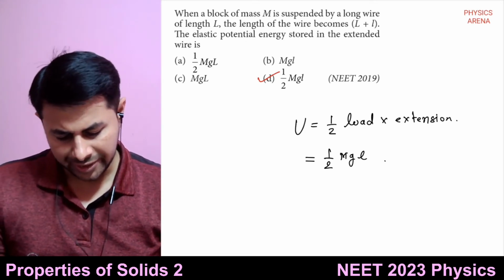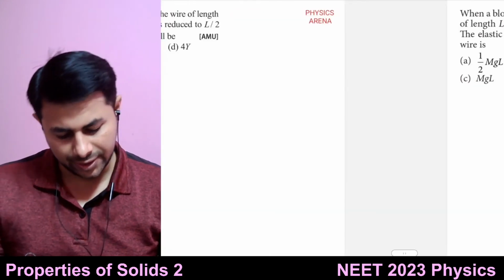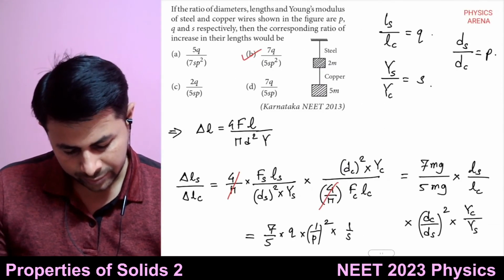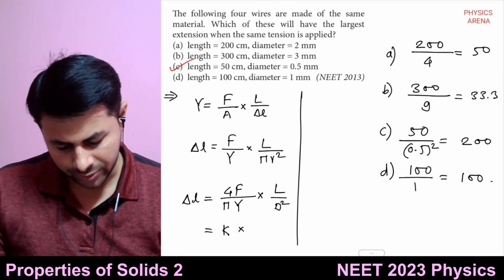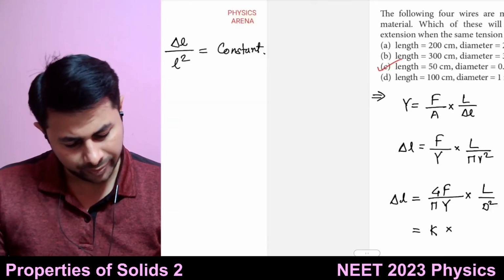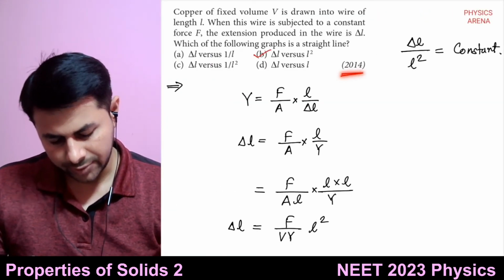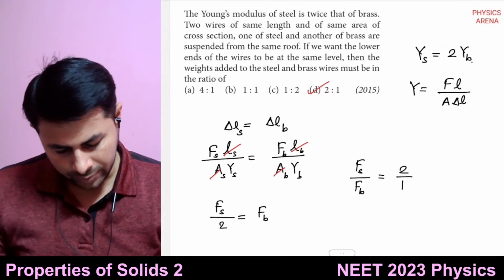If we see recent NEET questions, 2019, there was a 2020 question. In this one at least you have to do some calculation. In this one also some calculation. This one also was a little bit different.